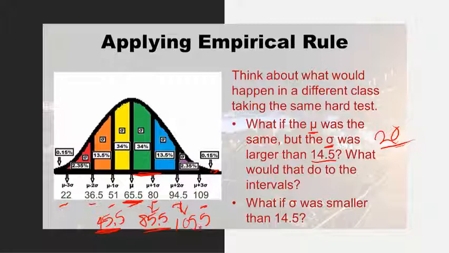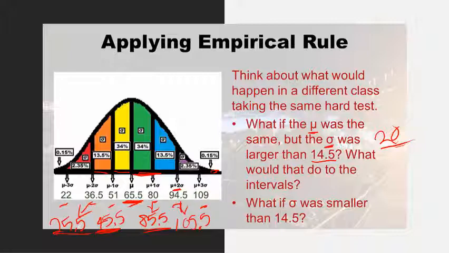That would be this one. So we're already going past 100 at this point. It's getting really, really wide. And then this one over here would be 65.5 minus 40, which would make this one 25.5. So it would be a whole lot different. These intervals will be way, way larger.